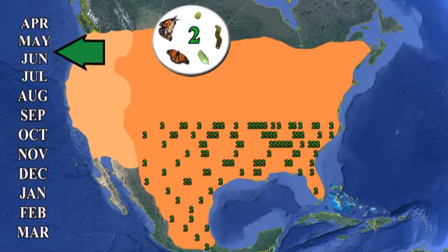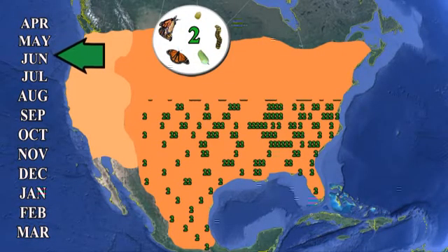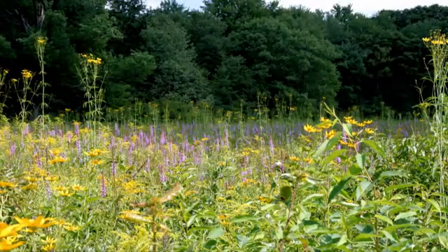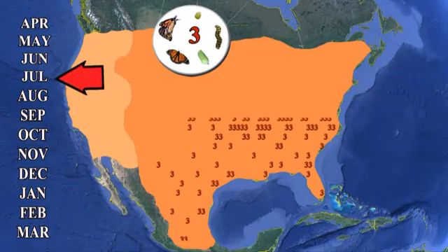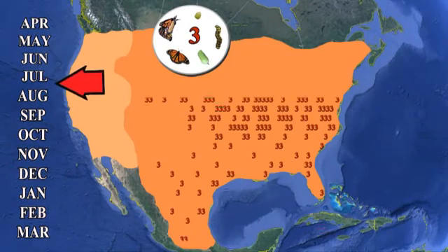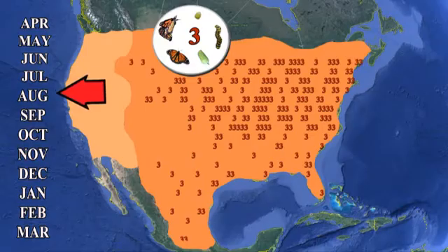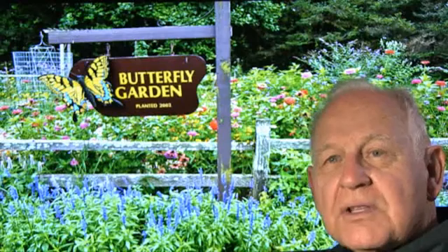The second generation fills up most of the eastern U.S. The second generation produces the third generation. And the third generation fills up the entire eastern U.S. and southern Canada. The third generation has filled up all of the eastern U.S. and southern Canada. Produces the fourth generation.